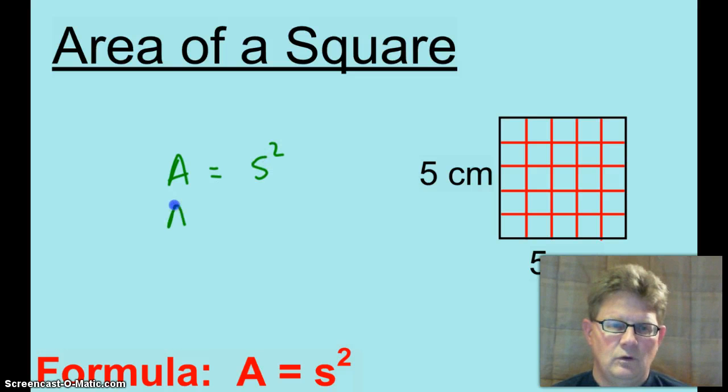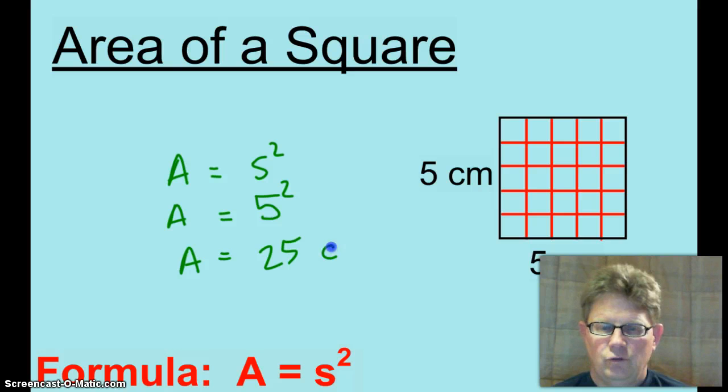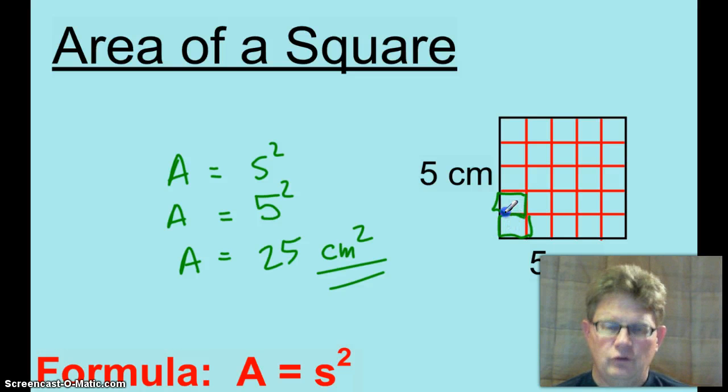The length of one side there is 5, so 5 squared. Area equals 25 square centimeters. Remember, they're measured in squares. Each one of these is a little 1 by 1 centimeter, and there are 25 in that picture. That's why it's square centimeters.